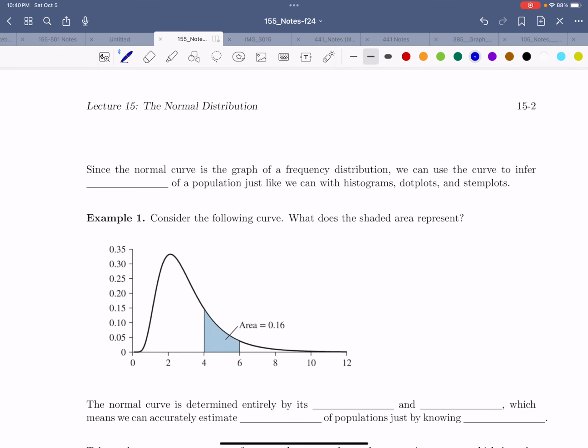Now, since it is the graph of a frequency distribution, we can use the curve to infer proportions of a population. Same way we could with other graphs, and that's a lot of what we're going to do this section and the next section. Right, so for example, if we look at this curve right here, what does the shaded area represent? Well, if the area is 0.16, right, that means that the shaded area represents 16% of the population.